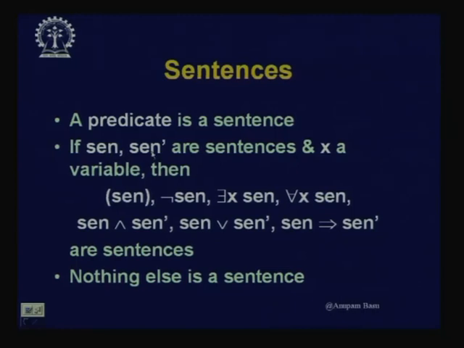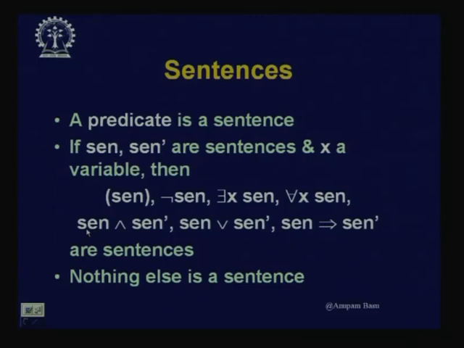Say SEN and SEN prime are two sentences, and not SEN is the complement of the sentence. What I said just now was not right. So, let us see. If SEN is a sentence and SEN prime is another sentence and x is a variable, then SEN is a sentence, not of SEN is a sentence. There exists x, SEN is a sentence. For all x, SEN is a sentence.